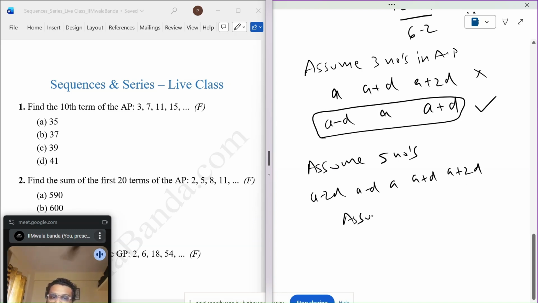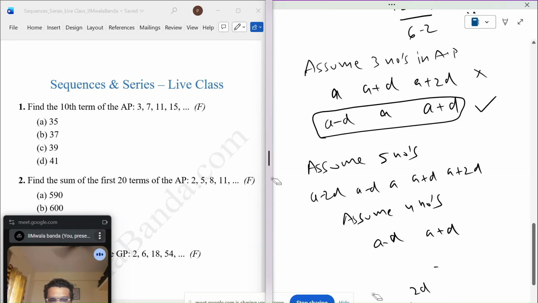Now if you have to assume four numbers, this is also important. How will you assume? Now don't take a as the central number. What we will do is we will take a minus d and a plus d, because the difference is 2d. You can see that a plus d minus a minus d: the a gets cancelled, d minus minus d gives 2d.